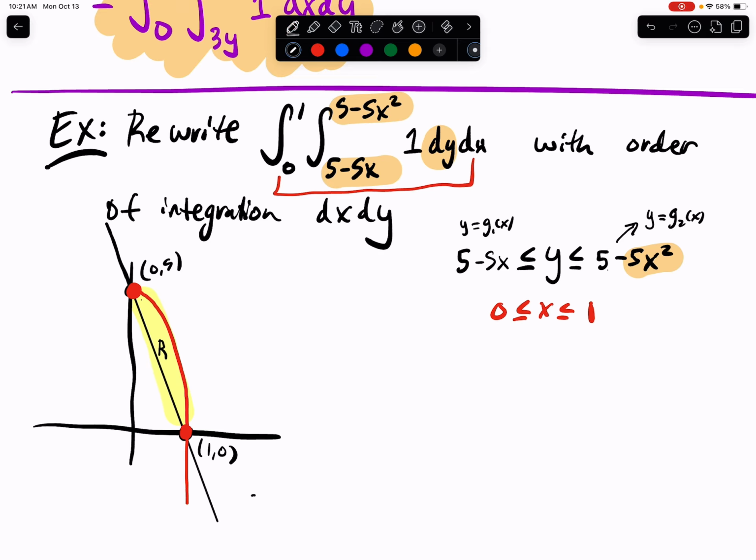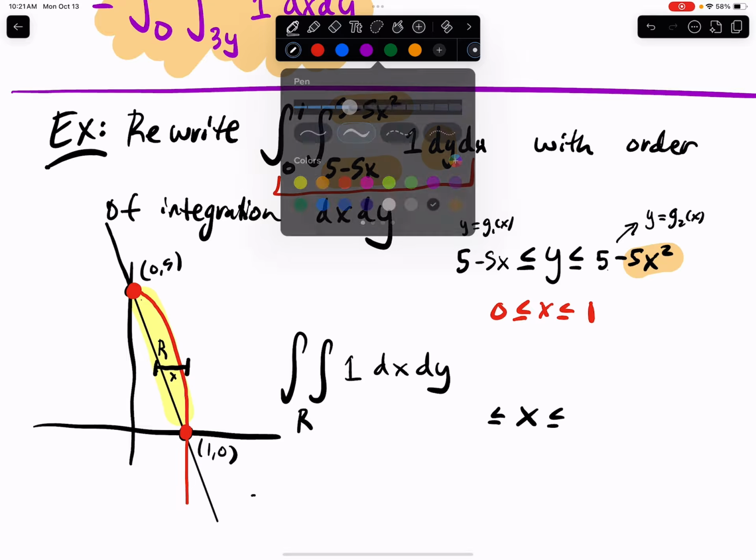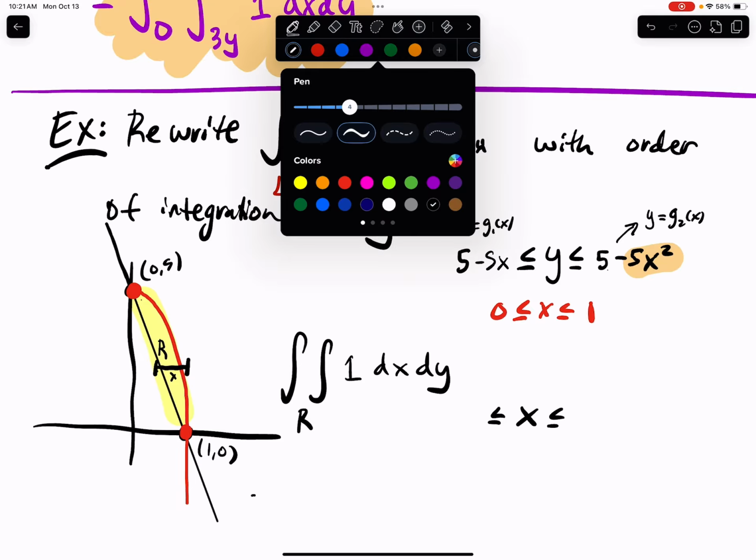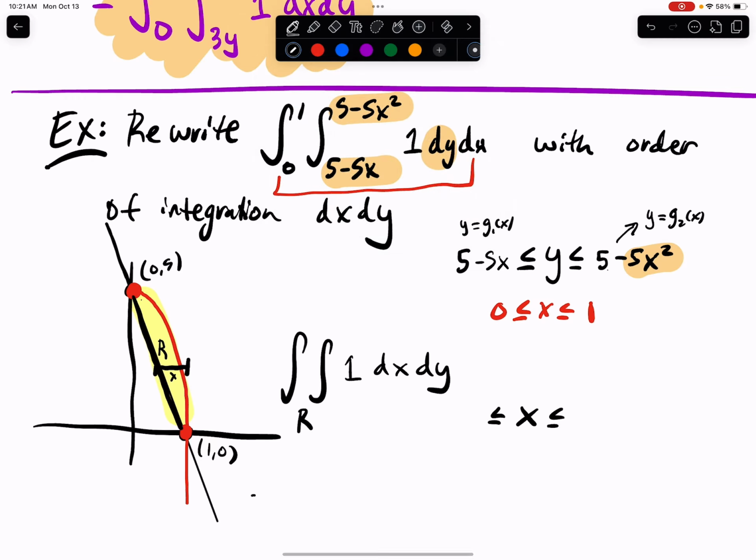Okay, so we want to rewrite it as integral over that region, dx dy. So we need our x to be from curve to curve. Okay, so x from curve to curve. So the low side looks like this line here. Now, right now we have y equals 5 minus 5x.